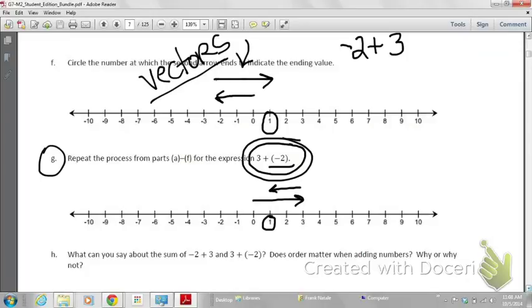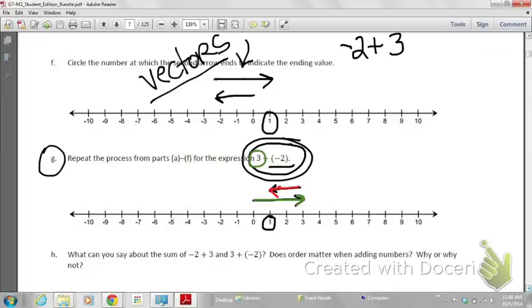Welcome back. You can take a look down here to see what I did. Hopefully you did something very similar. Started at 0, 3 units to the right because it is positive in nature. Then I added, quote unquote, a negative 2, which simply means moving 2 to the left, and there I sit at the same exact place, at 1.